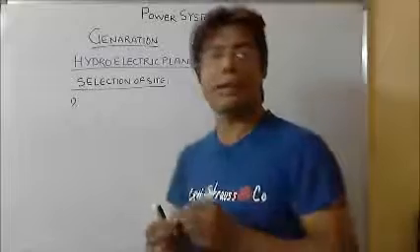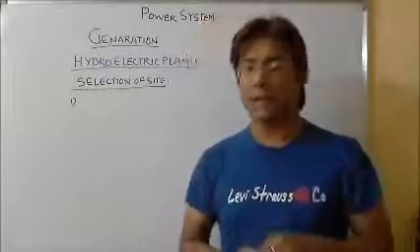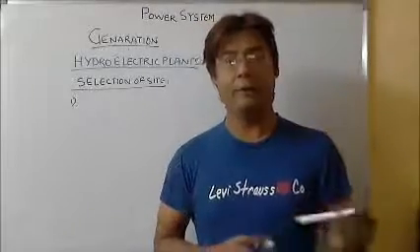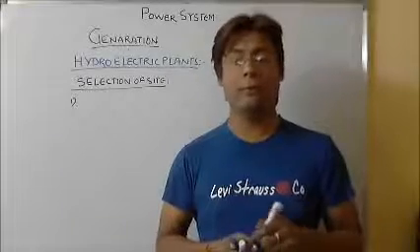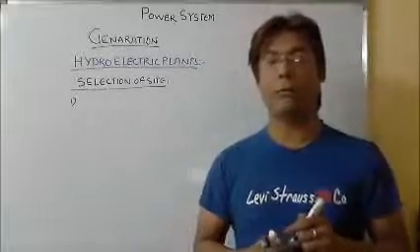In the selection of the site, first of all, since it's a hydroelectric plant, there should be an ample amount of water available. The quantity of water available is very important.